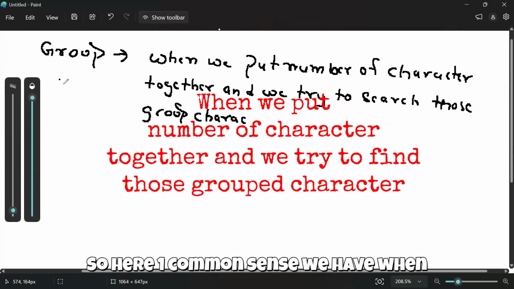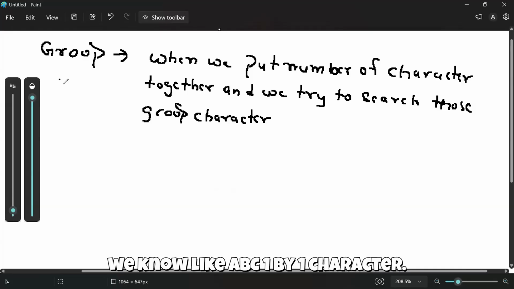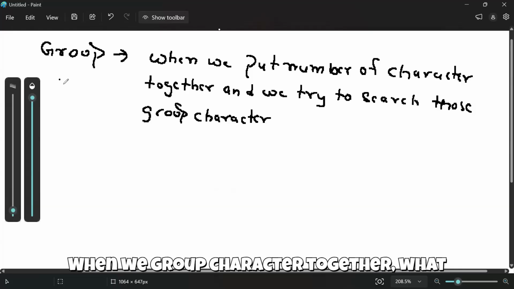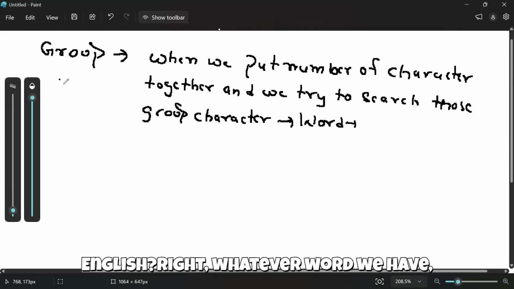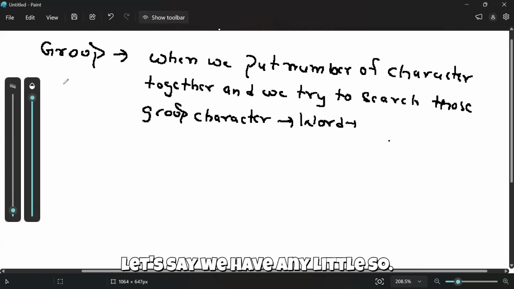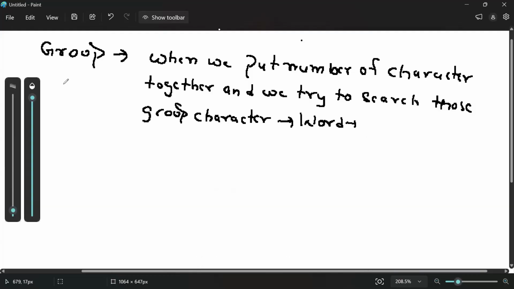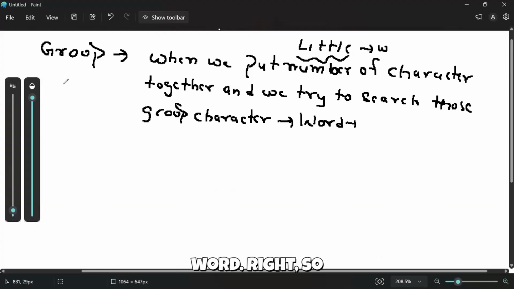Here we have one common sense: when we group characters together, characters we know like A, B, C, one by one, what does this form? It forms a word in English, whatever word we have, let's say cat, mat, or little. All together, little forms a word.